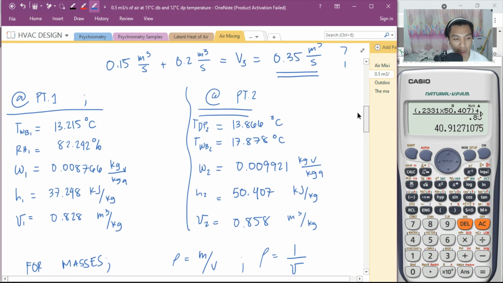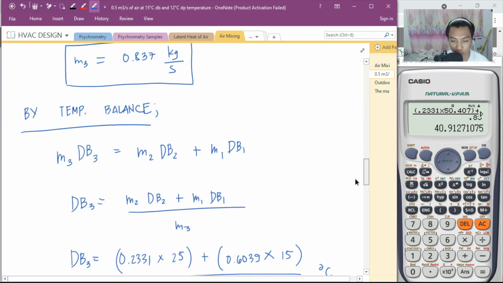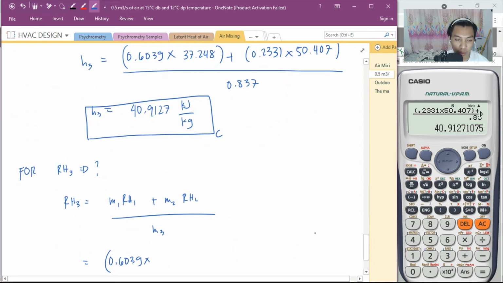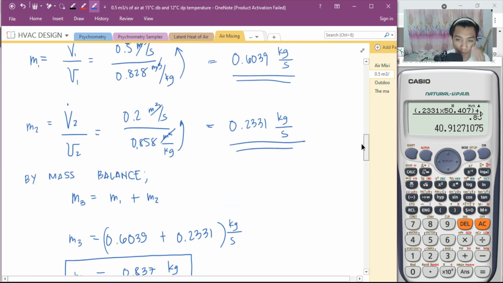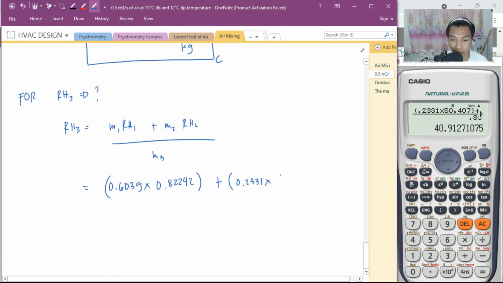RH1, that is 0.82242, plus 0.2331 times 50%, ayun, 0.5, over 0.837.